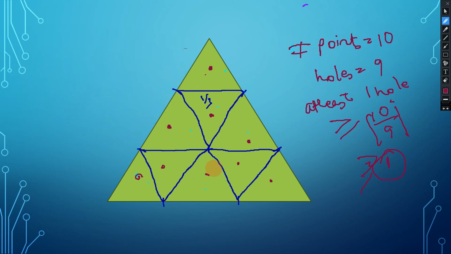Now, I have assigned 9 points, one in each hole, and the distance across these holes is greater than 1 by 3. But I have one pigeon left, and that has to be placed inside a hole where already 1 point is there. So definitely, no matter how you distribute the points inside this equilateral triangle, there will be 2 points whose distance would be less than 1 by 3, and it is proved.